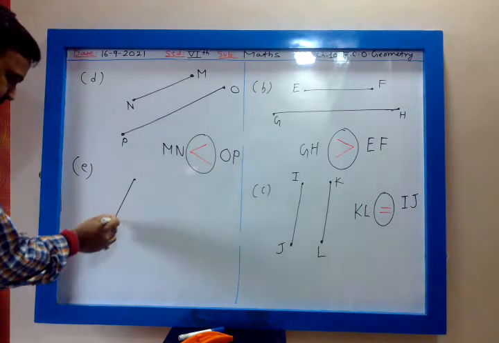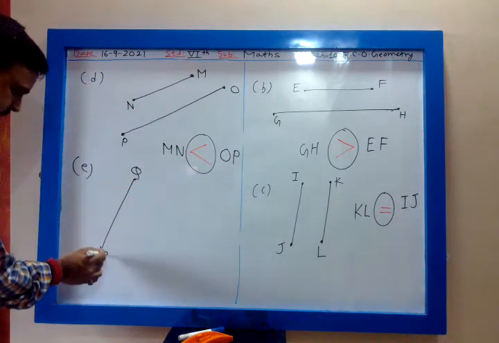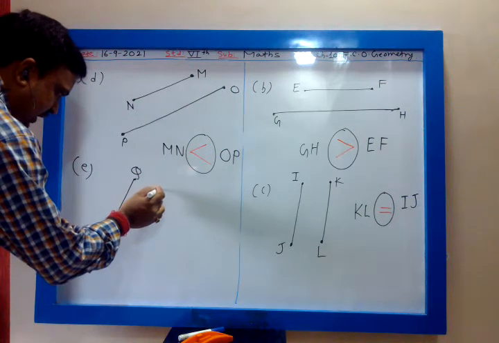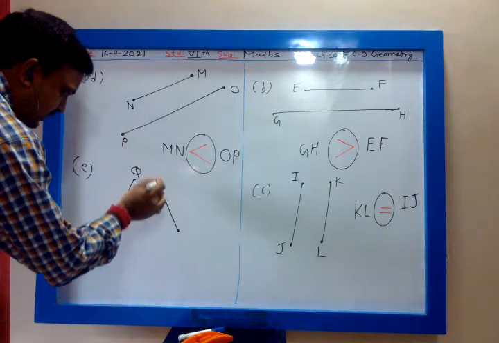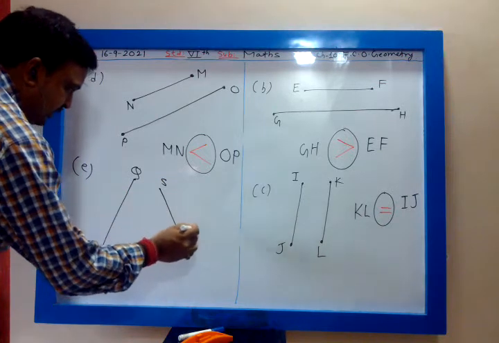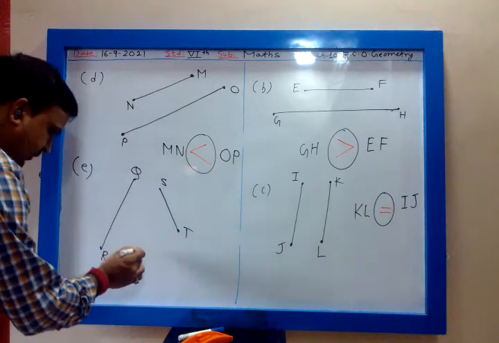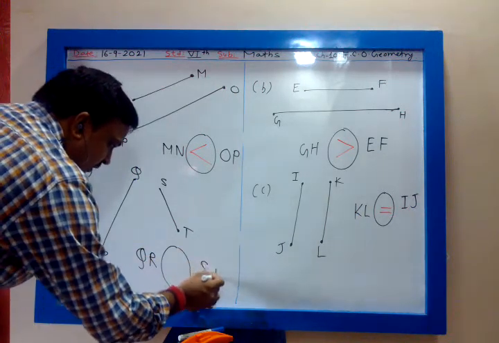Now QR and ST. So using divider you can measure QR and ST. Which is bigger?